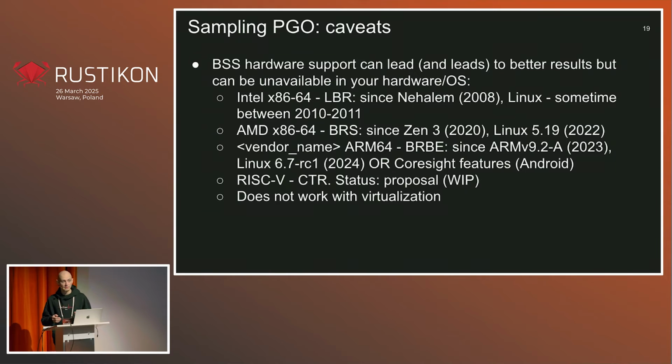For example, Intel: Last Branch Record. AMD: Branch Sampling. ARM: several versions of this, like Branch Record Buffer Extension from the latest ARM, and some core-side features, but I never worked with it in the Android ecosystem. RISC-V: Control Transfer Records. And availability of them could be a problem.